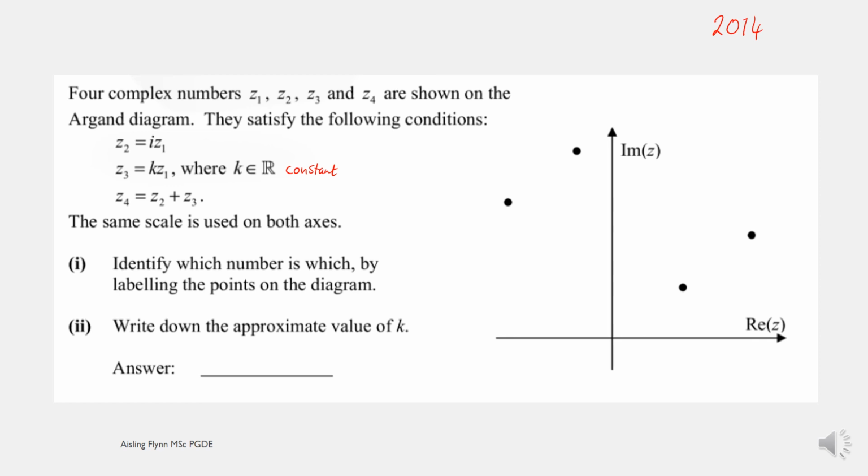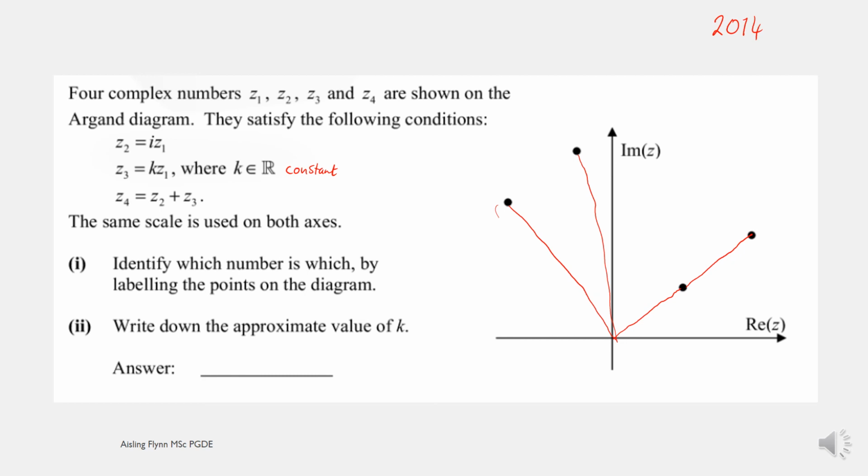I always find it useful in these questions to take a ruler, and you'll have a ruler, and join up each number back to the origin. Excuse my lines. You don't necessarily have to start with the first piece of information.